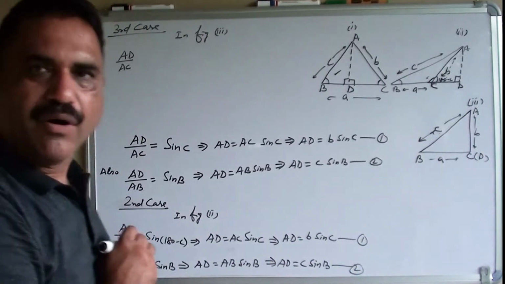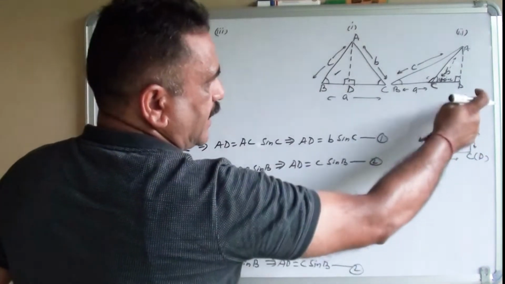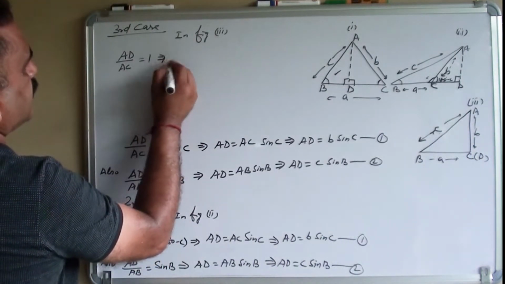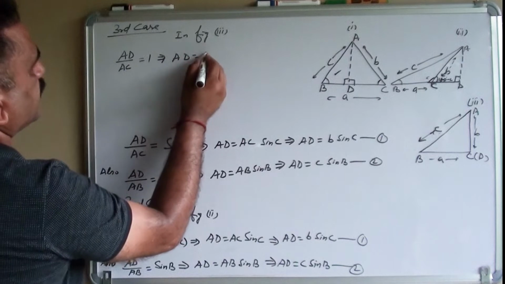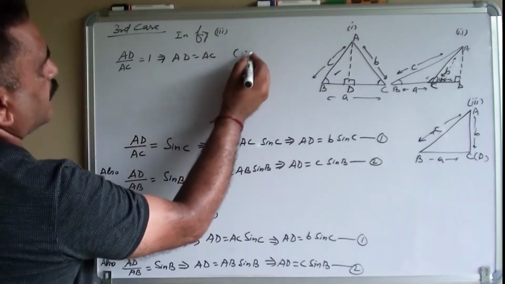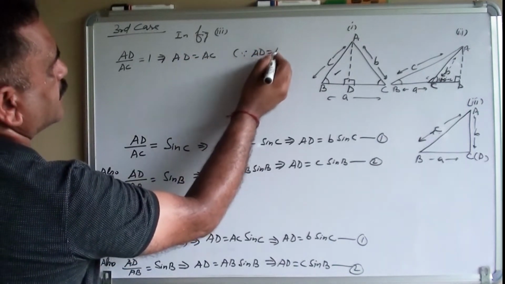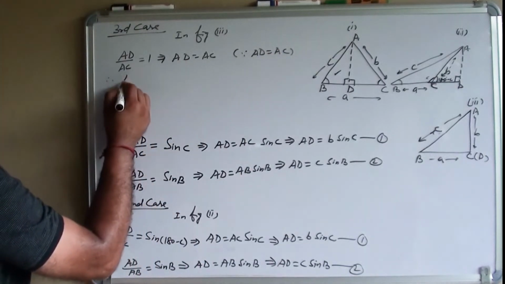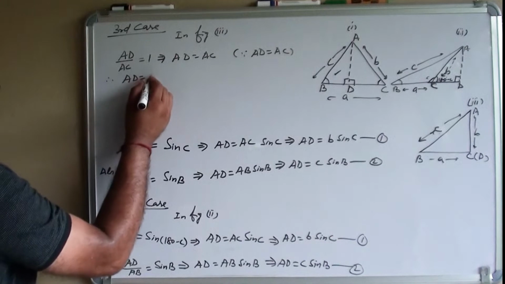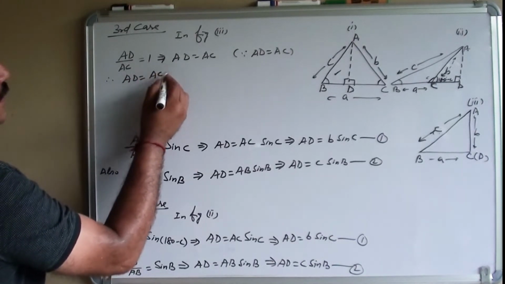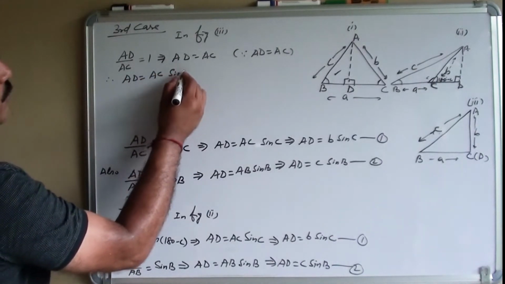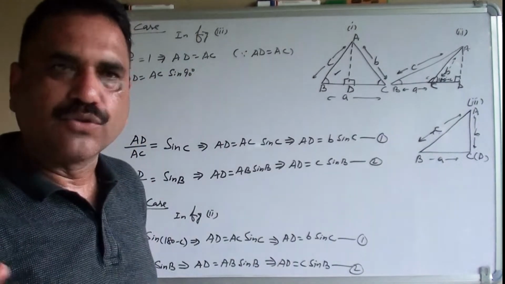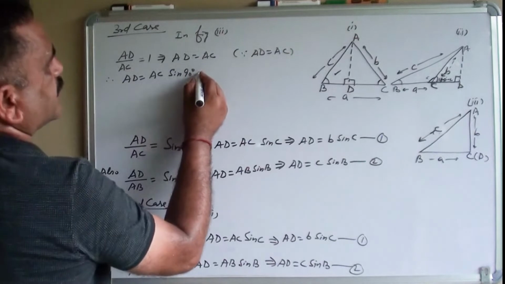AD upon AC is equal to 1, and this implies AD is equal to AC. Why? Because AD is equal to AC. Therefore, AD is equal to AC sine of 90 degree, because sine 90 is 1, so we can write it as AC sine 90.